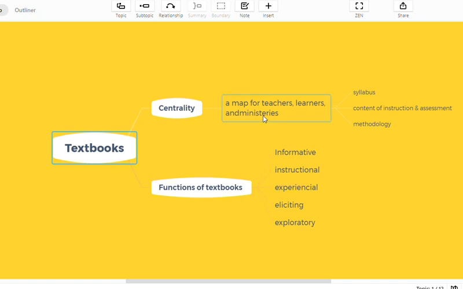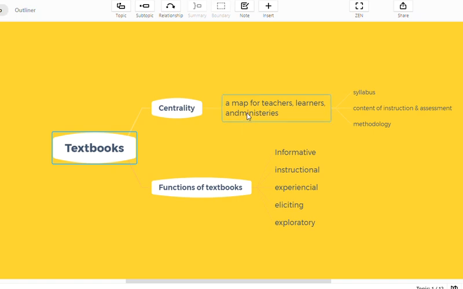For example, about authorities or policy makers: how they can force teachers to teach the way that they want, how they can force and ask the teachers to teach the content they prefer to be taught, how they convince the learners to study and learn the knowledge that they prefer through textbooks.